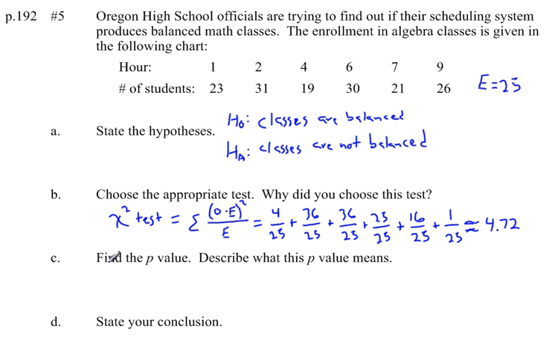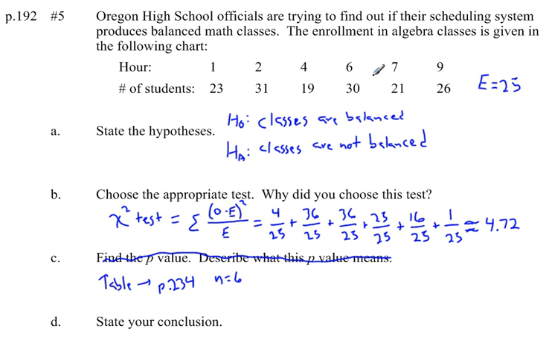Now, a little bit different here, what we're actually looking at is a test value. So we're going to use the table, and in our books, this table is on page 234. It's the very last page in your book. So if you look there, look for where n equals 6.